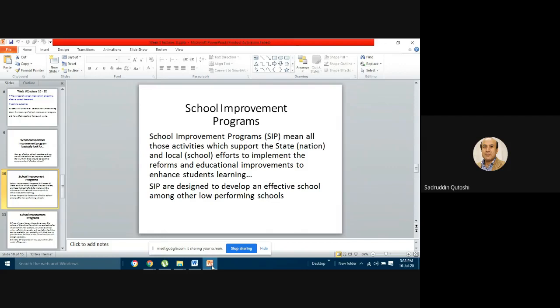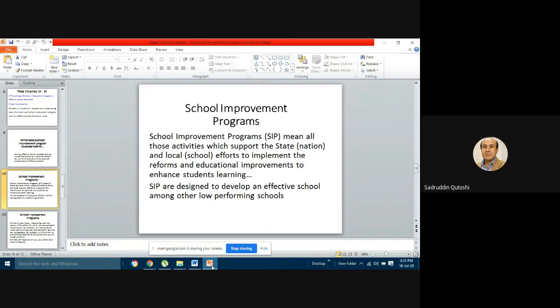Basically, in the literature, school improvement programs are a set of activities which support the state and local.